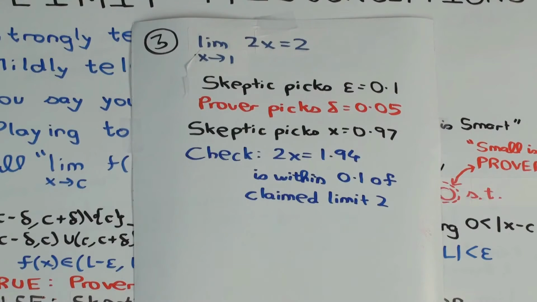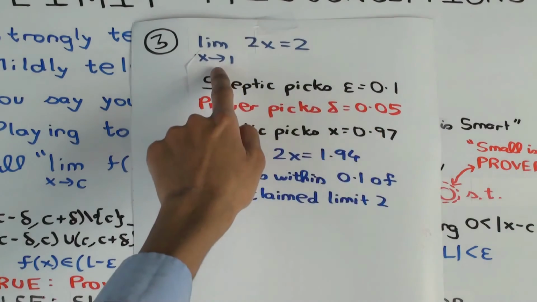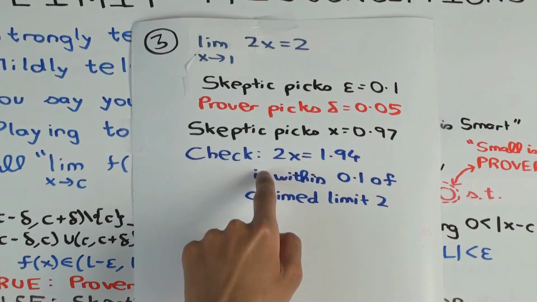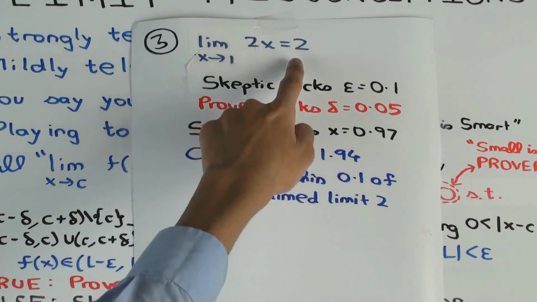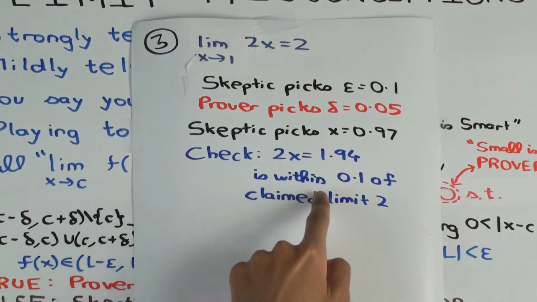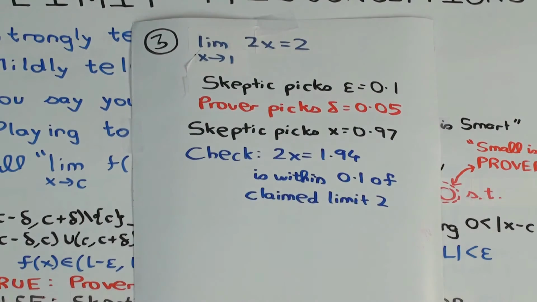So the skeptic tries picking an x within the interval specified by the prover. So maybe the skeptic picks 0.97, which is within 0.05 distance of 1. And then they check 2x is 1.94. That is at a distance of 0.06 from 2. So it is within 0.1 of the claimed limit 2.